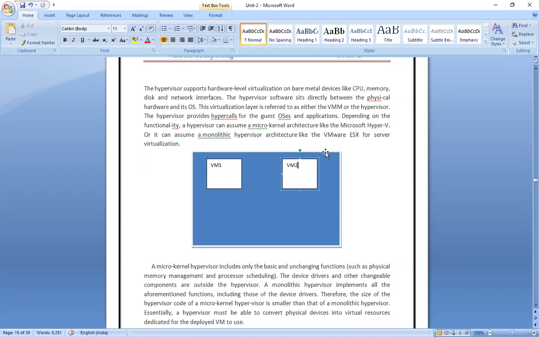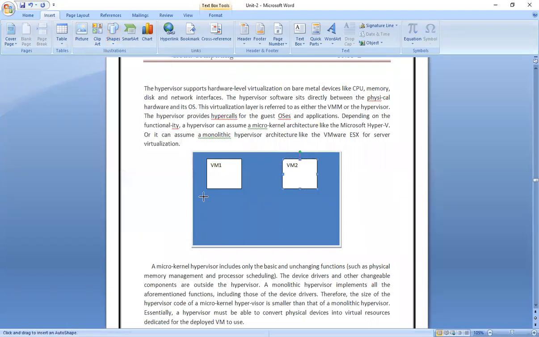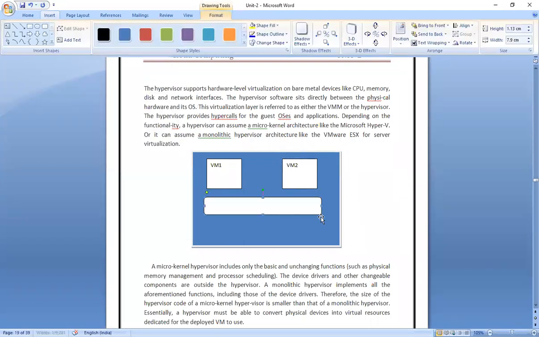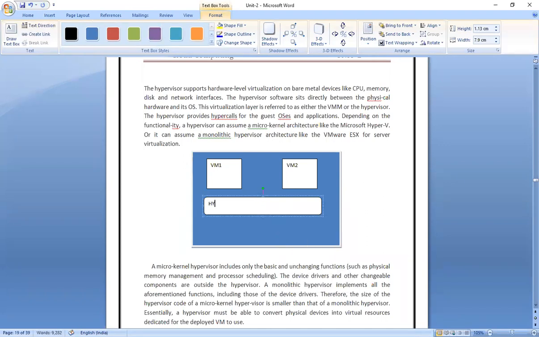But how will we virtualize our original machine into virtual machine 1 and virtual machine 2? So with the help of a hypervisor, we can perform this task. So this one is our hypervisor.